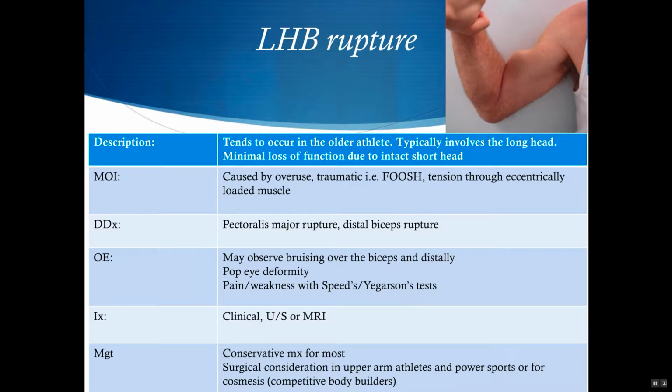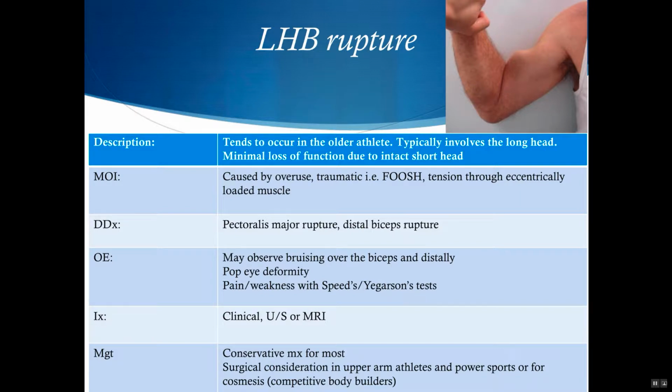And then in terms of special tests, you may find pain or weakness with Speed's resistance test. An ultrasound, again, is pretty useful to confirm the diagnosis. You can consider an MRI if there's any doubt or if there's concern about any labral pathology that needs to be ruled out, but usually an ultrasound is a sufficient modality to image these injuries.